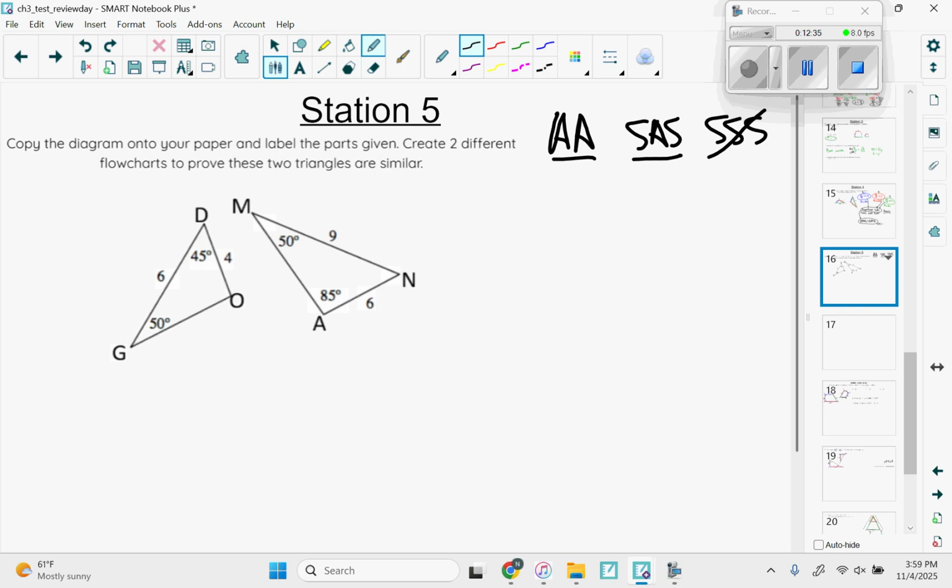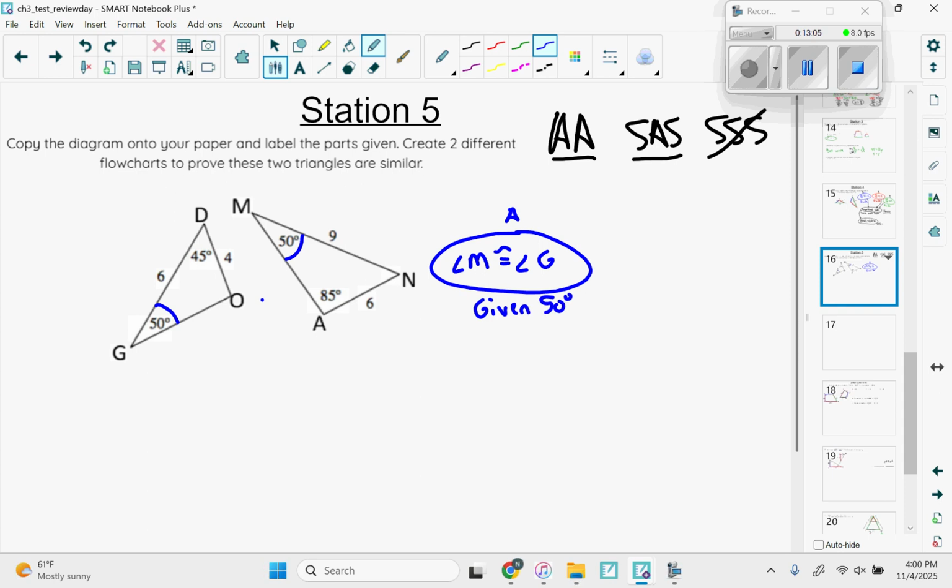In order to do that, we have to have 2 pairs of congruent angles. We have 1 pair of congruent angles, angle M and angle G. All right, so I'm going to go ahead and make that bubble. And angle M is congruent to angle G, and that is given because they are both 50 degrees.